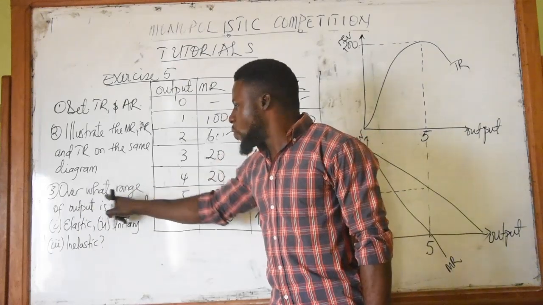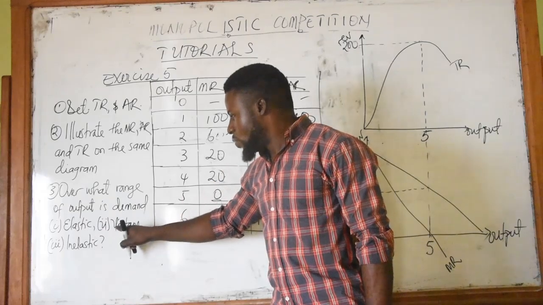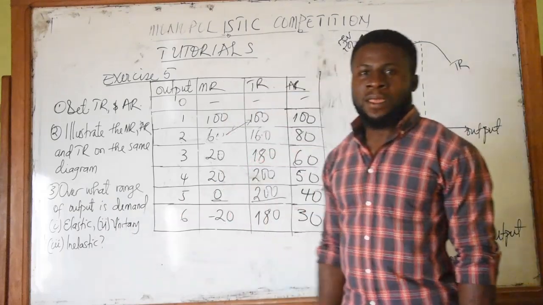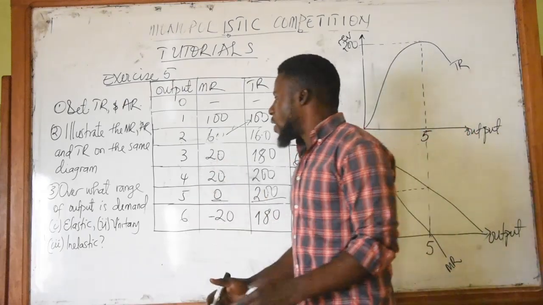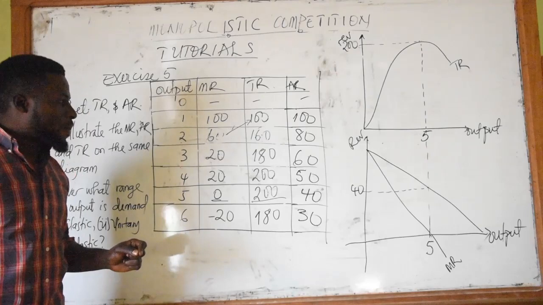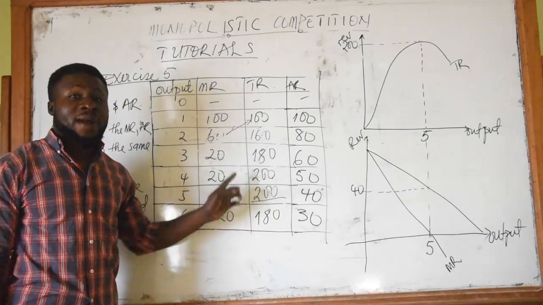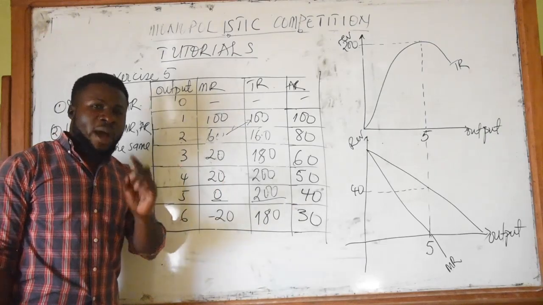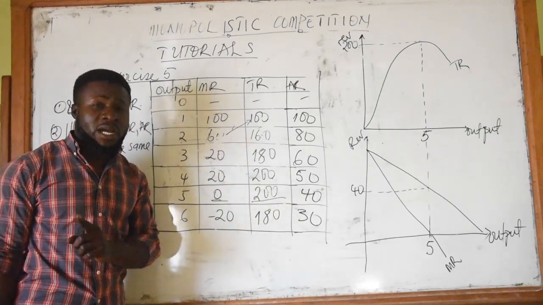It says, over what range of output is demand elastic, unitary, or inelastic? Demand is elastic over a portion of output where average revenue is positive and total revenue is rising steadily, not marginal revenue, please.